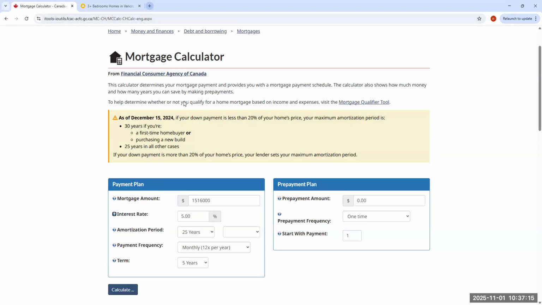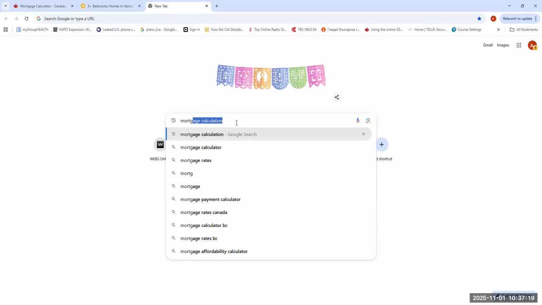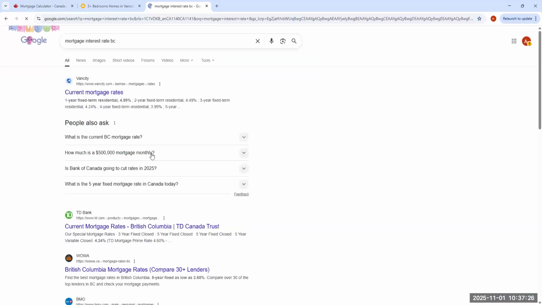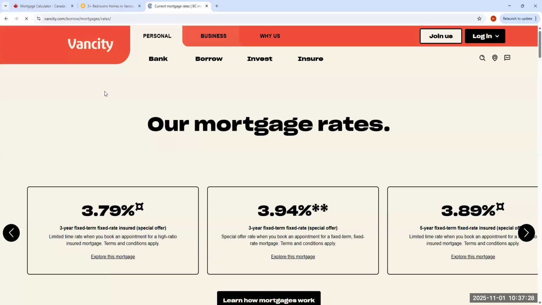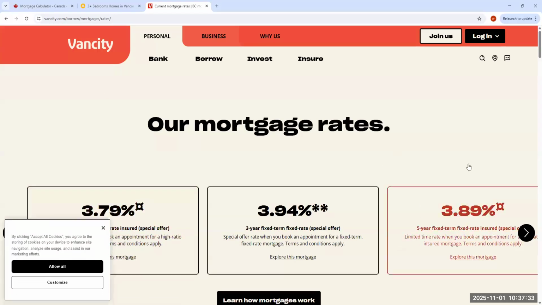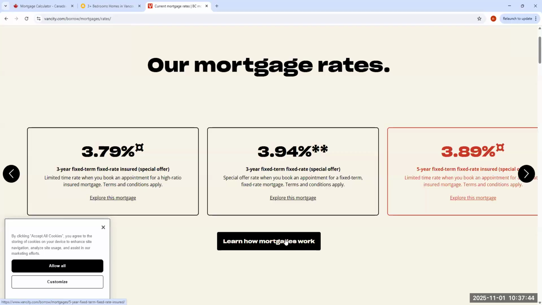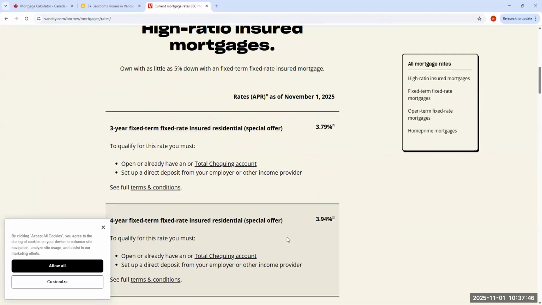Now the interest rate. Let's check the interest rate, in Canada or BC. Let's go with this one. Current mortgage rate: if we stay on the 5 years fixed, as you can see, 5 years fixed rate right now, they ask you 3.89, but this is insured, so we're not going to get this one.